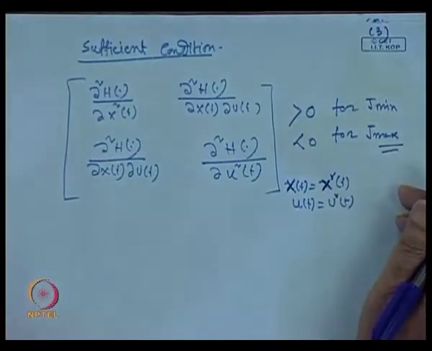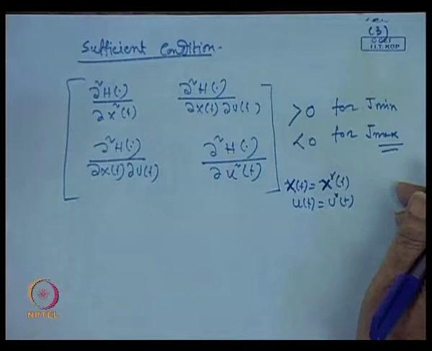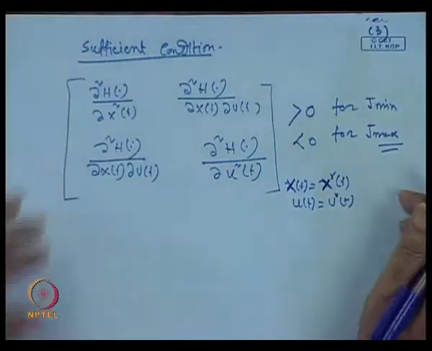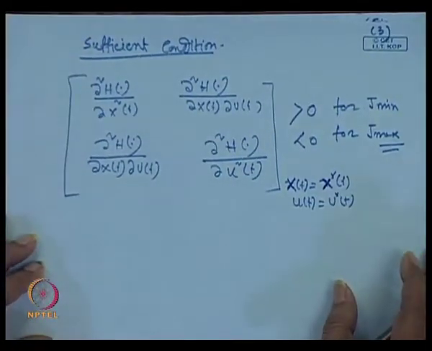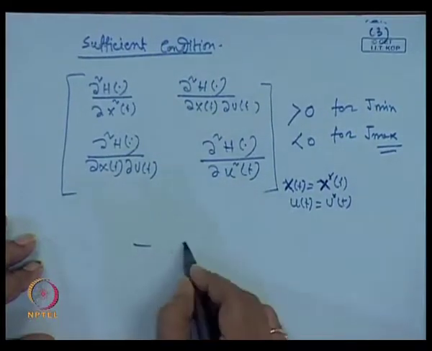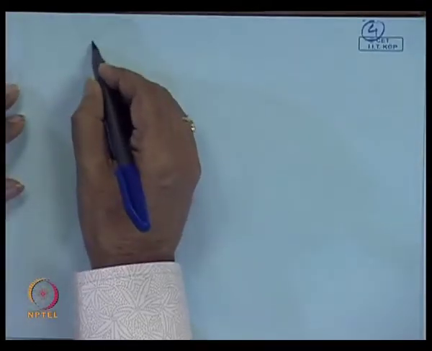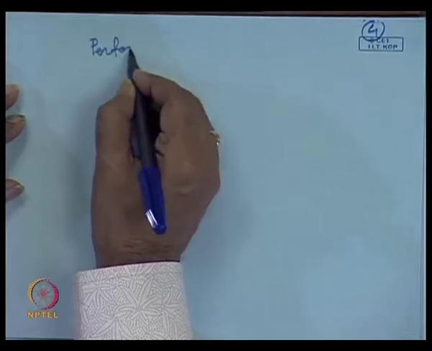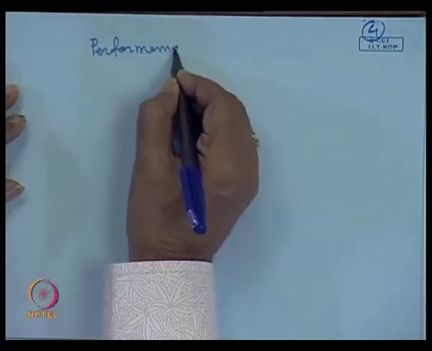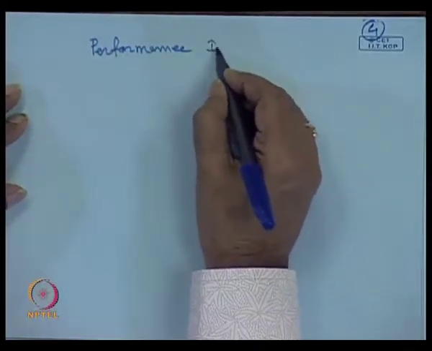So, we know how to solve these problems. Next, we will come to the solution of the linear quadratic regulator problem with finite time. Before that, we will discuss the performance indices.